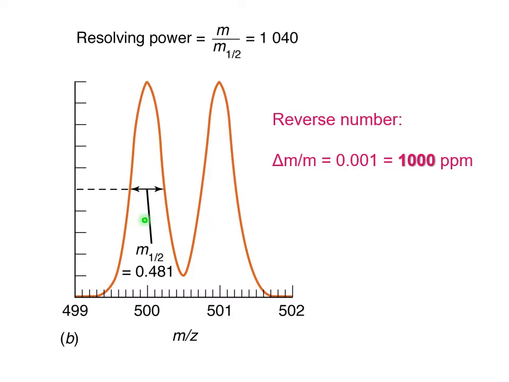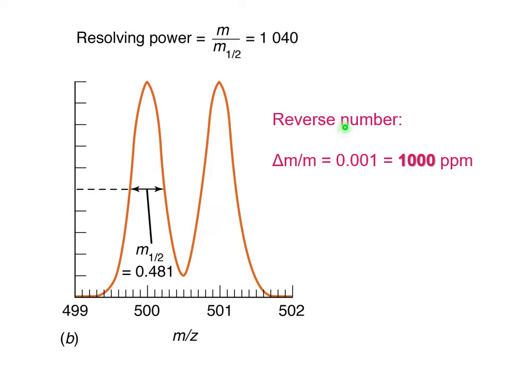So one half of the height of this peak and the width at this position. In this case, you have 0.481 for width, and the position of the peak is 500, so the resolving power is 1040, roughly 1000.